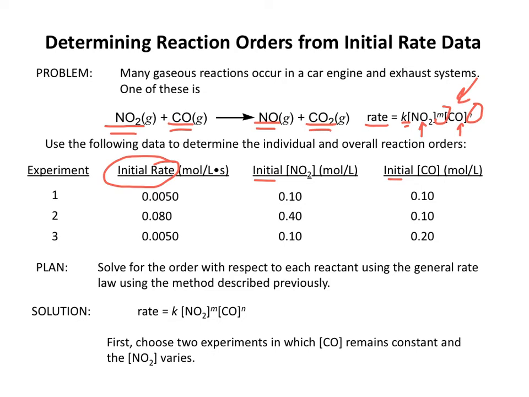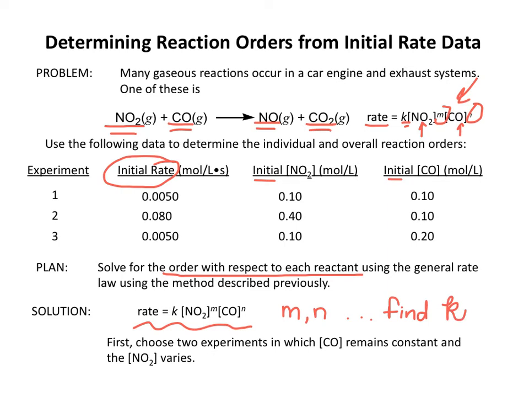So we have to solve for the order with respect to each reactant, and using the method that I just showed you, we'll find M and N, substitute them in, and have the rate law. Then we sub in one complete experiment to find the rate constant K, and then we'll have the entire reaction.